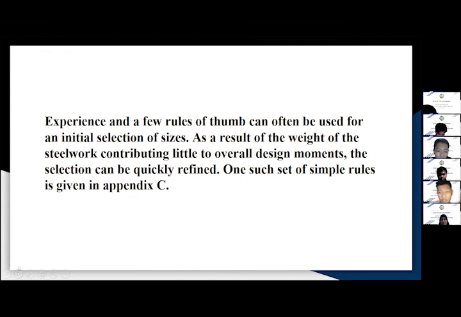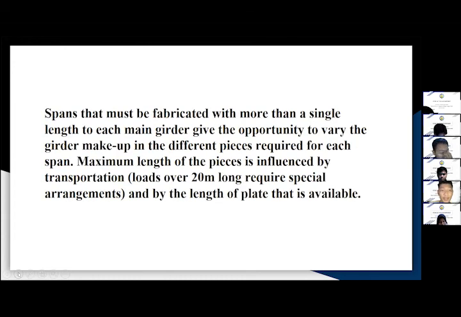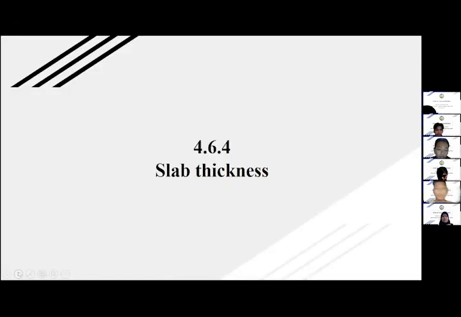One such set of simple rules is given in Appendix C. For spans that must be fabricated with more than a single length of main girder, there is an opportunity to vary the girder make-up in the different pieces required for each span. The maximum length of the piece is influenced by transportation. Loads over 20 meters long require special arrangements, and by the length of plate that is available.